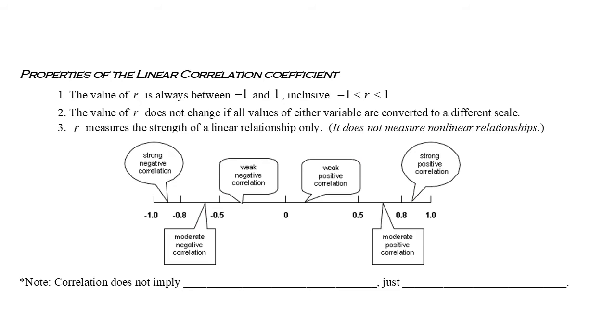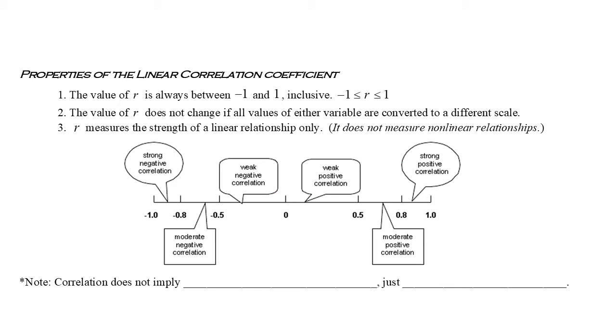And if I have a value close to -1, then we have a strong negative correlation. And something that's close to 0, sort of in this region around 0, we would say is either a weak correlation, or if it's really close to 0, we would probably just say that there's no correlation.